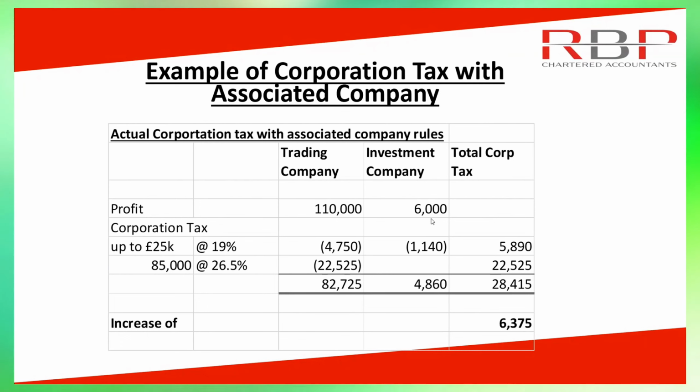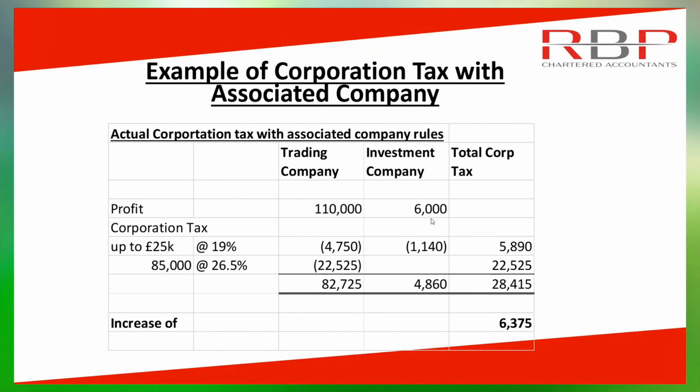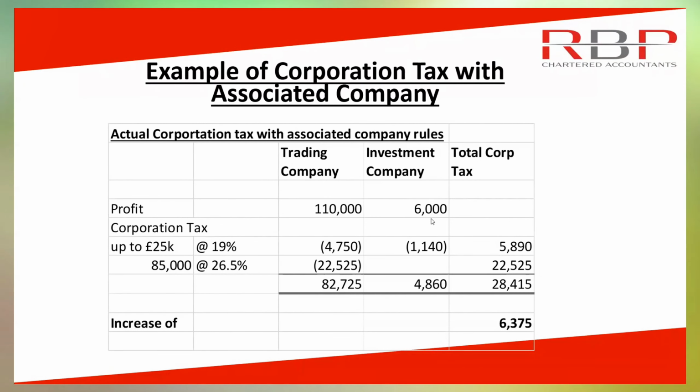And the problem with this situation is that he is losing £19,000 of profits being taxed at 19%, because his investment company's threshold has been divided by 2. That investment company has only got £6,000 of profits, so only 6,000 is taxed at 19%. That 19,000 of the threshold, he's lost it.